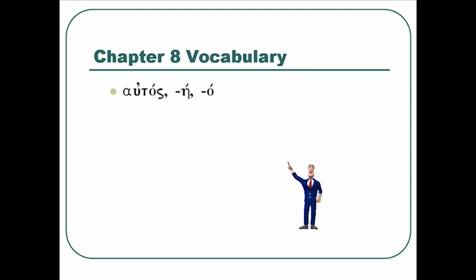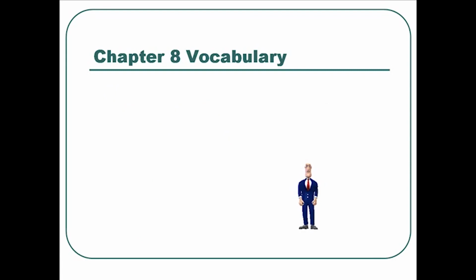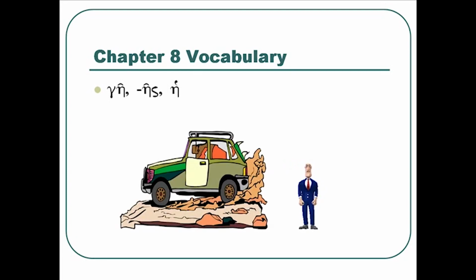The first word is autos, autē, auto, and it means he, she, or it. The second word is gē, and it means land, earth, or region.